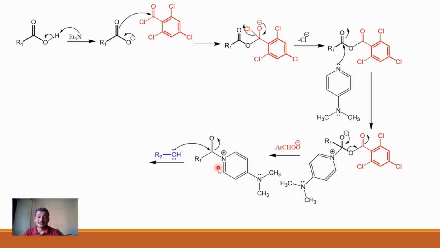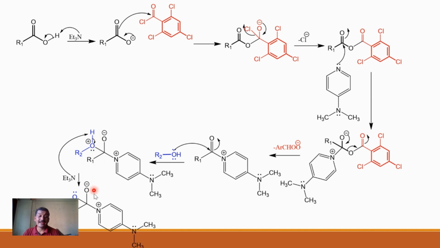Then this amide derivative is attacked by the alcohol and you get this oxyanion. The base abstracts the proton. Then the oxyanion rearranges and eliminates DMAP, and you get the corresponding ester. This is the mechanism of the Yamaguchi esterification reaction.